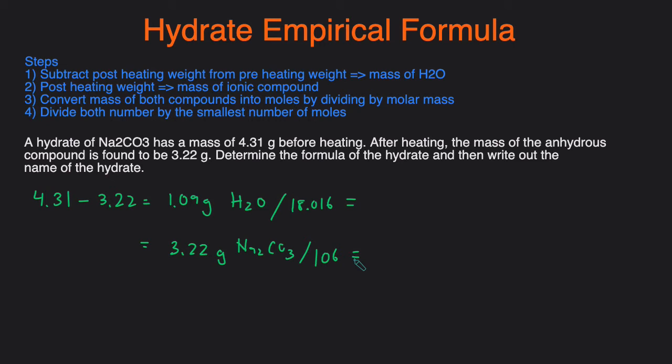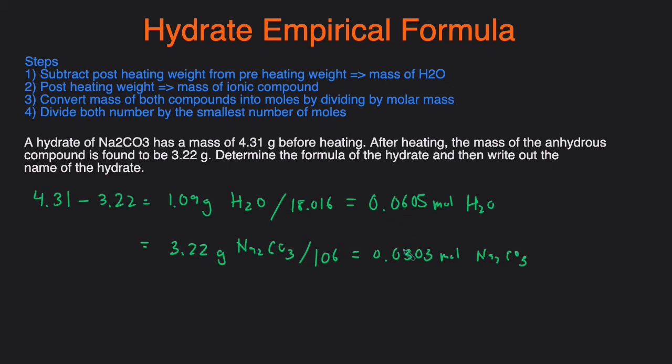The first one, 1.09 divided by 18.016, will be 0.0605 moles of water. And then for the moles of sodium carbonate, 3.22 divided by 106, that'll be 0.0303 moles of sodium carbonate.